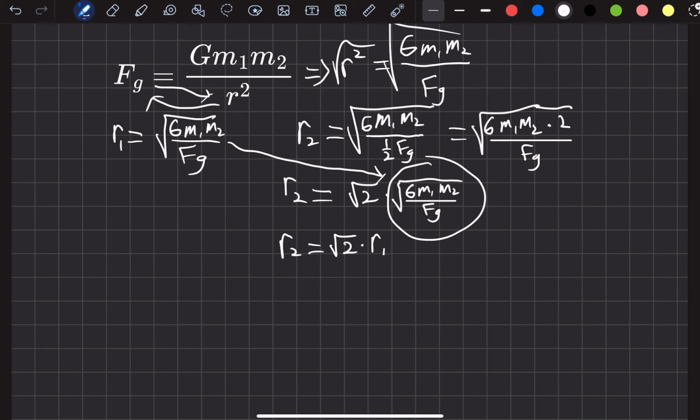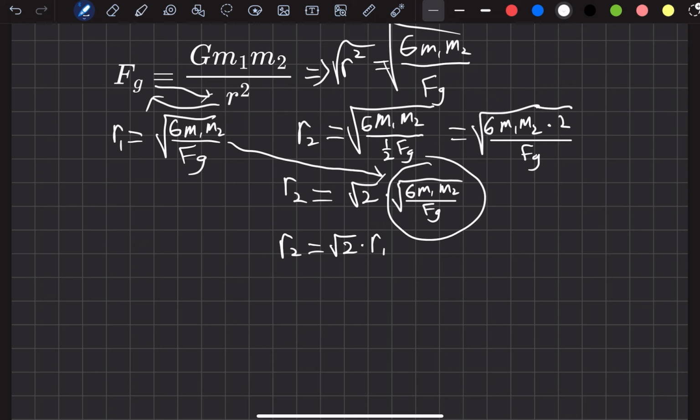This is a really clever trick for when you get a problem that's about doubling or halving or quadrupling one variable, so it doesn't give you the actual value of that variable. It just says, okay, let's just say we double it. Notice I never gave in the problem how big the force actually was. We didn't need to know that. We just needed to know how much it changed. Turns out it got cut in half.